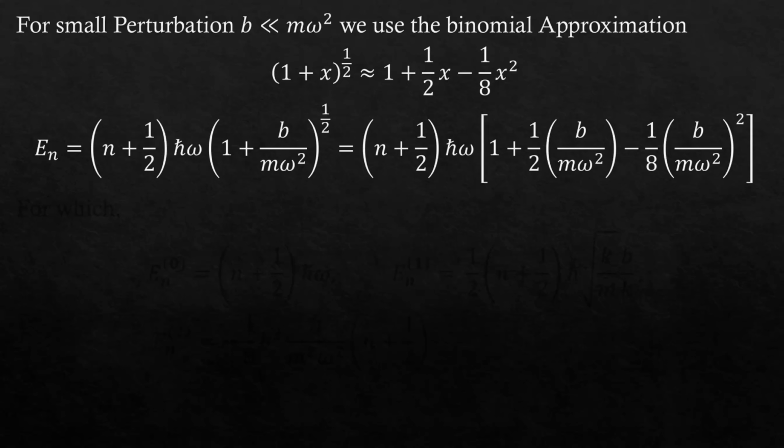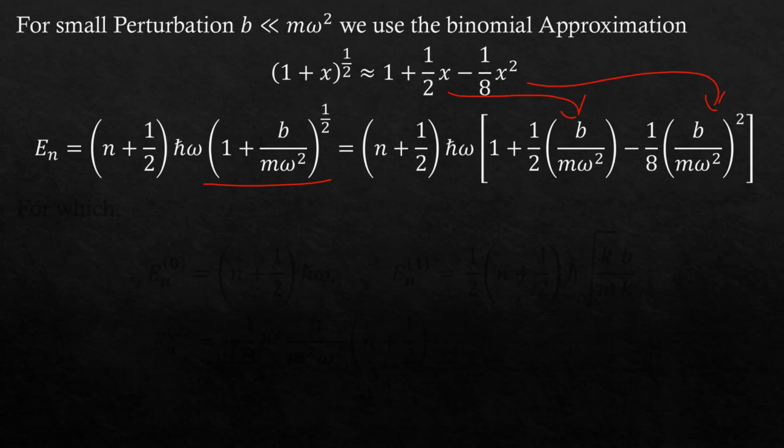So 1 plus x raised to the power 1 over 2 is approximately 1 plus 1 over 2 x minus 1 over 8 x squared, and we can do the same thing for this expansion, because we also have the power 1 over 2 here. We are still just going to replace x with this function and x squared with this.